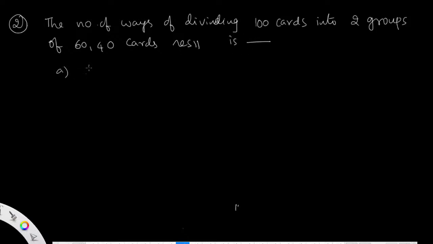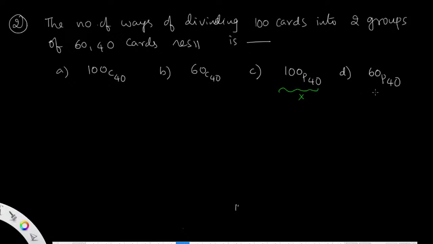Options: 100C40, 60C40, 100P40, and 60P40. This is obviously a selection of things, not an arrangement, so C and D get cancelled and the answer will be among the first two.